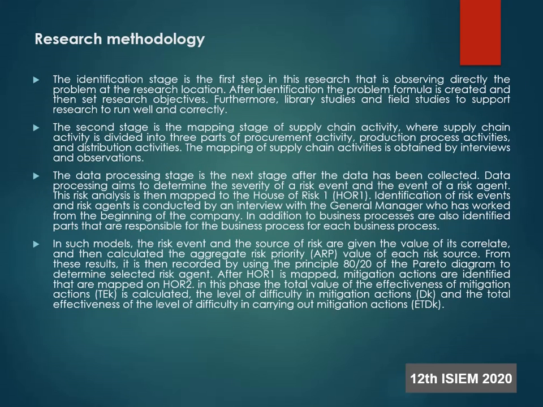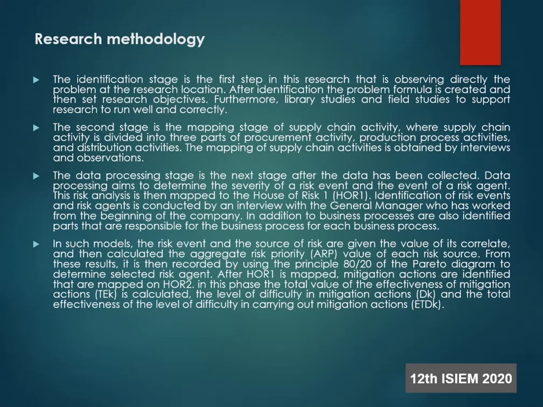Research methodology. The identification stage is the first step in this research, that is, observing the problem directly at the research location. After identification, the problem formulation is created and then the research objective is set.